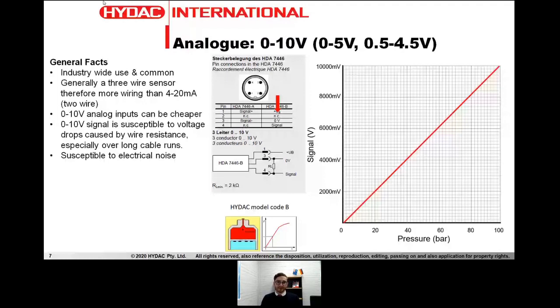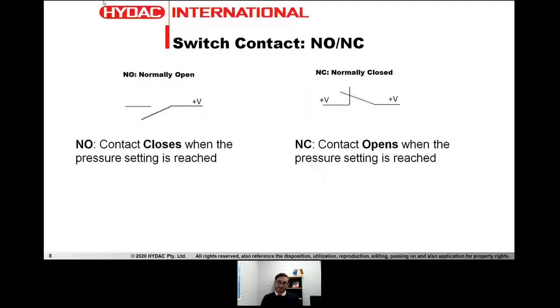So now I wanted to go over what we call a switch contact. This is what we call a normally open or a normally closed contact of a sensor. This is different to PNP, NPN, and this style of output is available on sensors or pressure switches that have a digital output, and it's also available with a sensor that has a relay output.